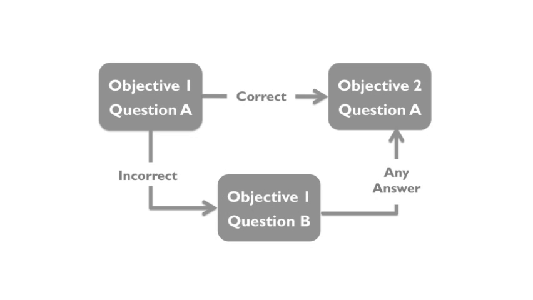For example, it might be on price controls. If the student gets the question correct, they will move on to the next learning objective. However, if the student gets the question incorrect, they will receive what's called a parallel question. This is another question on the same learning objective that's different, but tests the same type of knowledge. But before they see that, they will receive some feedback.